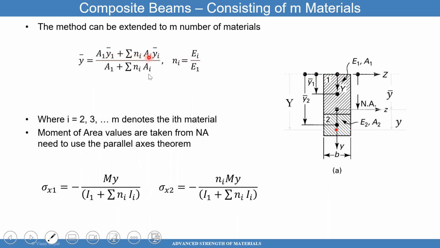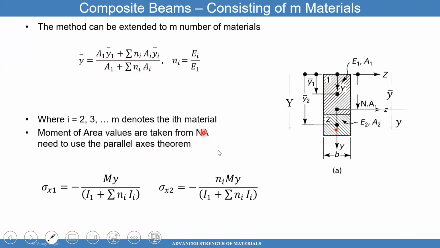And then for the ith material, that'll be the centroid of the ith material with respect to the top surface, area Ai of that particular material, and ni is this ratio. And then this will be just the addition of the different areas of the ith material, plus A1, which is this material here that I'm referencing.